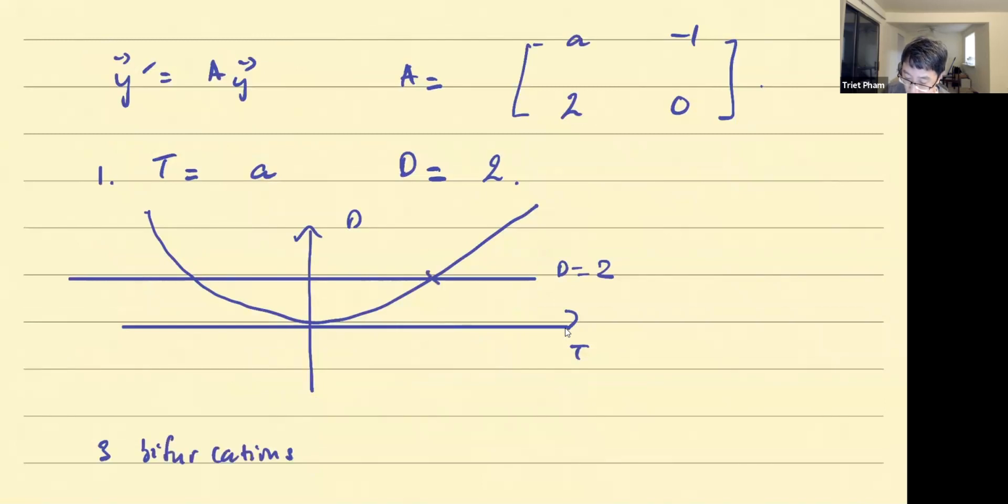All right. What is this value here? What is a equal? I'm not sure if you're missing this one. This one is also a bifurcation because remember, this is exactly changing from sink to source. So yes, that's also a bifurcation.